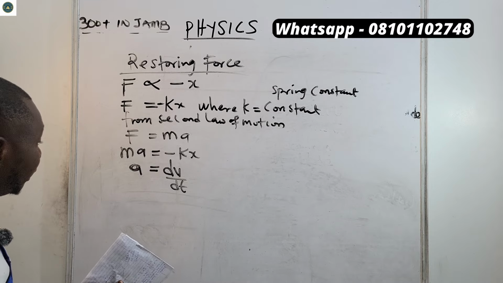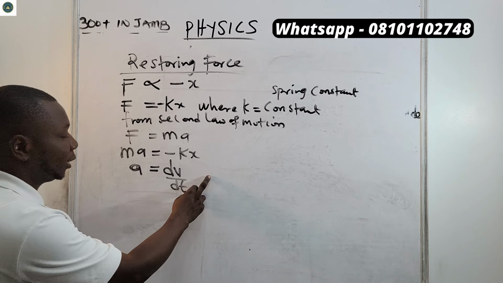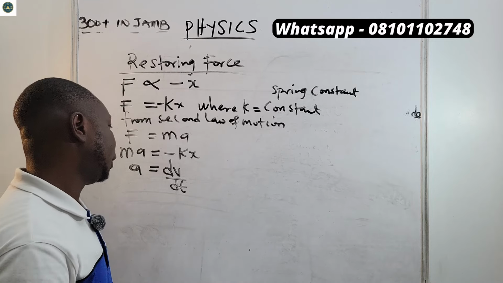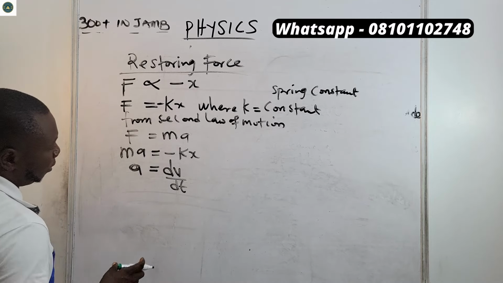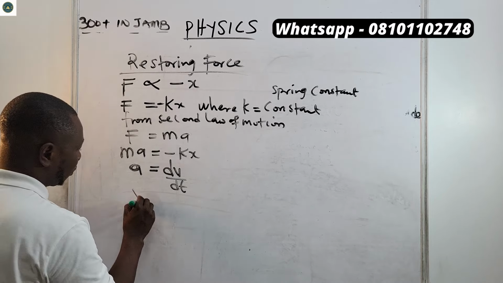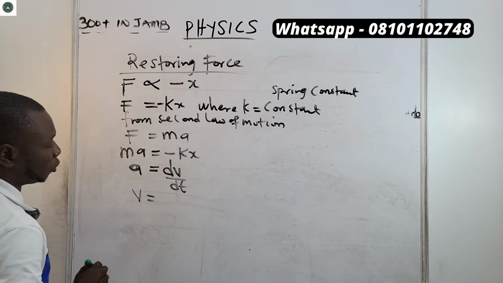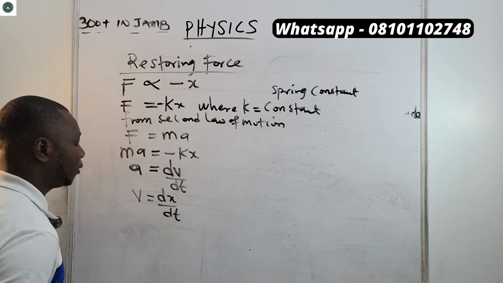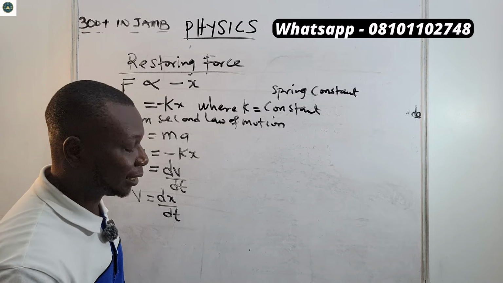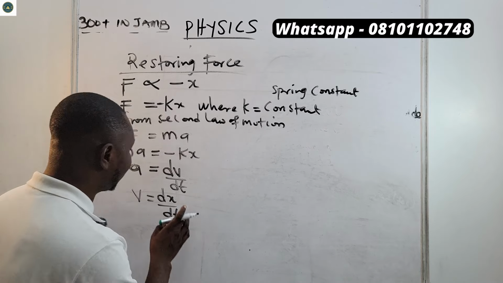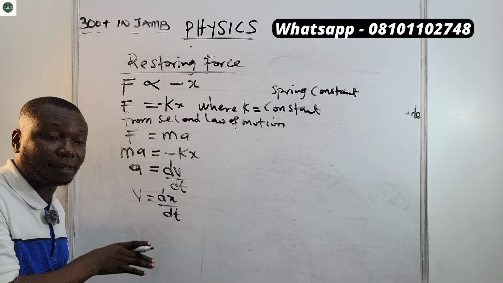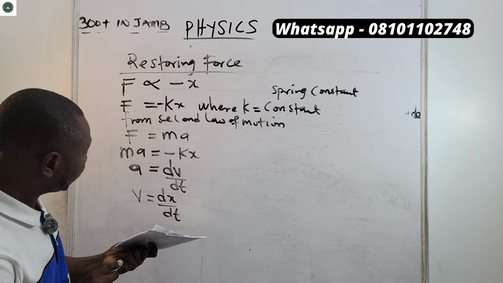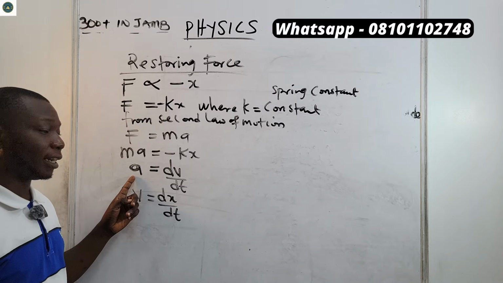Acceleration is what? dv/dt. That is change in what? Velocity over change in time. Now, velocity also is what? dx/dt. Velocity is what? dx/dt. What is dx/dt? That means change in displacement over what? Change in time.